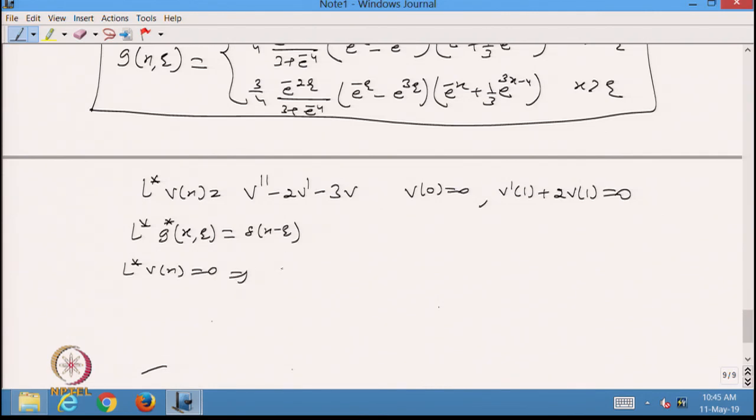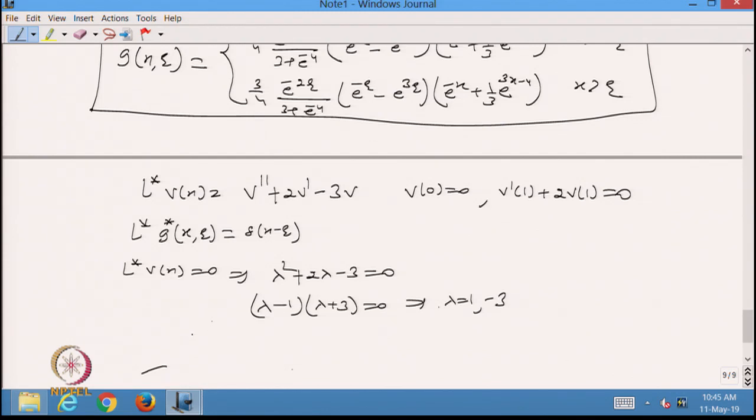From here I get my characteristic equation, lambda square minus 2 lambda minus 3 equal to 0, so it should be lambda square plus 2 lambda minus 3. If I solve this, then lambda is equal to 1 and minus 3.